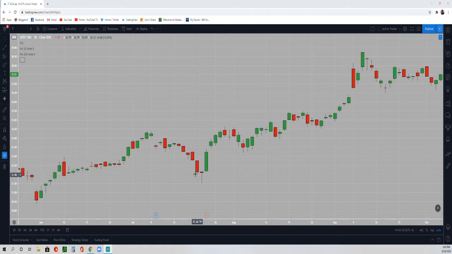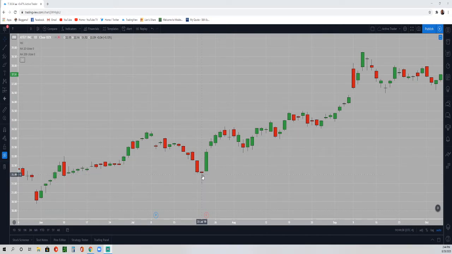Now, like I said, this is for beginners. On most charts you can change the colors of the candles, but for the most part, green is up, red is down. Anytime you see a long shadow or wick, like this right here, it means that on this particular candlestick, it moved down this day.